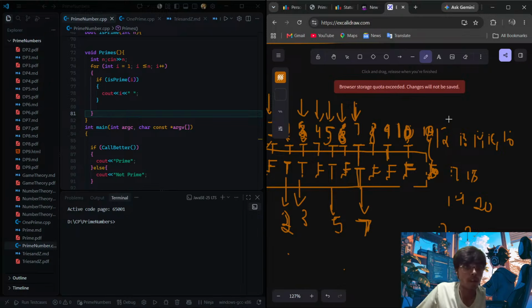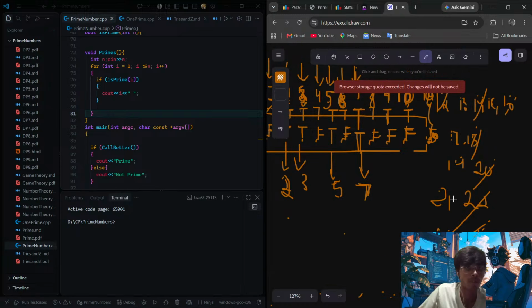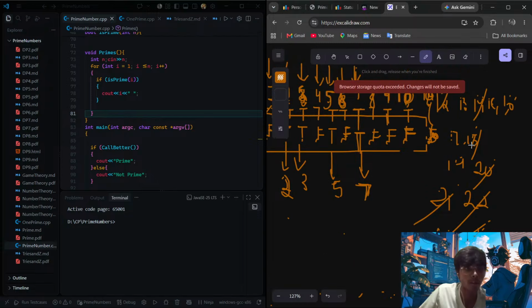Now what I know is that 12, 14, 16, 18, 20, 22, 24, everything will be divisible by 2, so 2 will cut all of this. Now 21 is cut by 3, and what I know is 13 is a prime number, 15 is not a prime number. Basically, 15 is cut by 3.